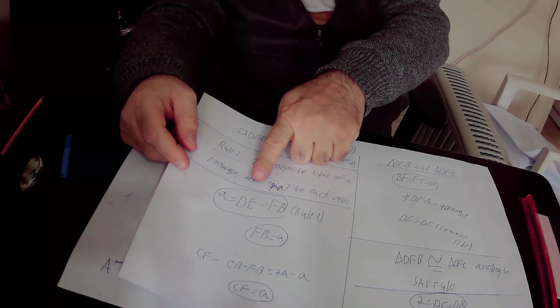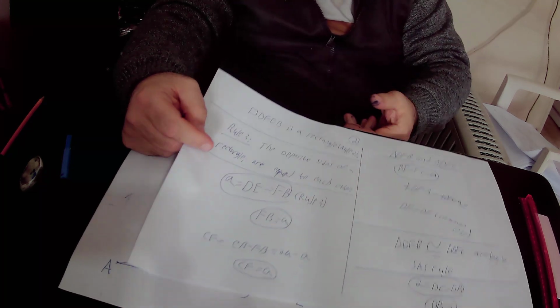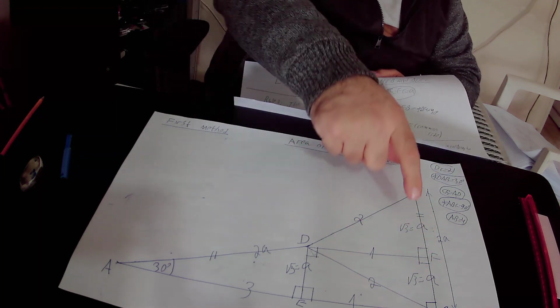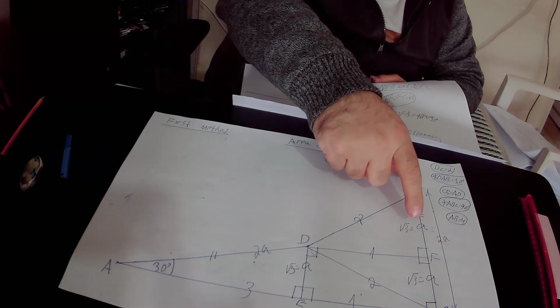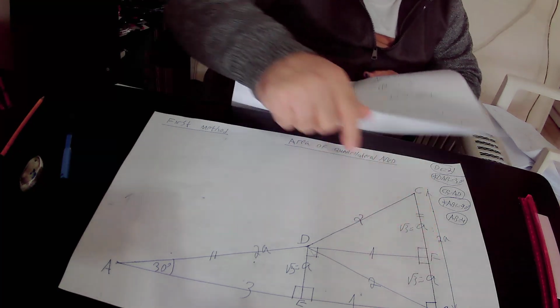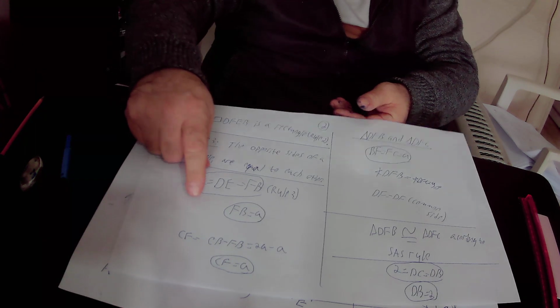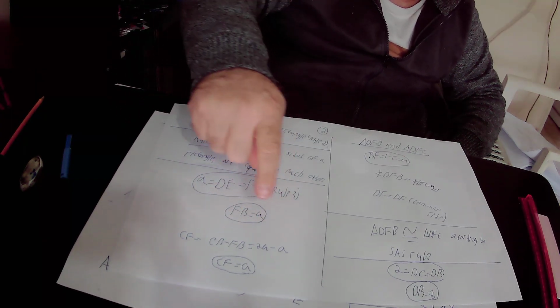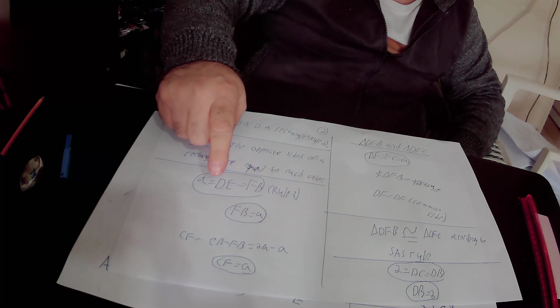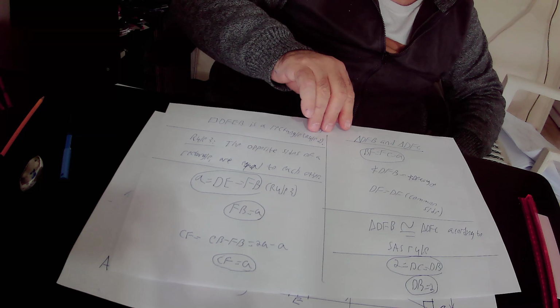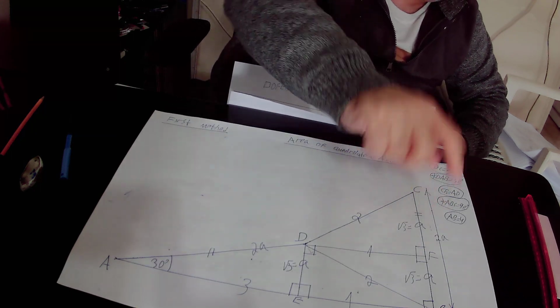From this equation we derive that FB also equals A. And what is the value of CF? It is very easy to see from the drawing that CF equals CB minus FB. CB is 2A and FB is A, so CF equals 2A minus A. That is to say, CF equals A.